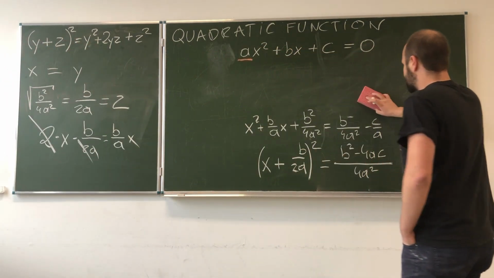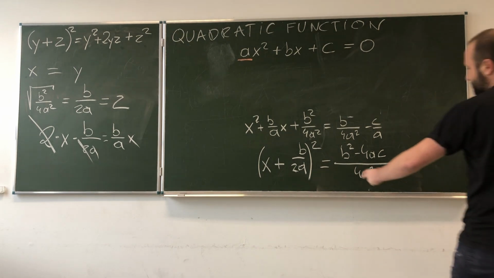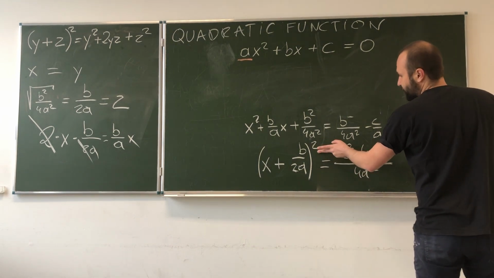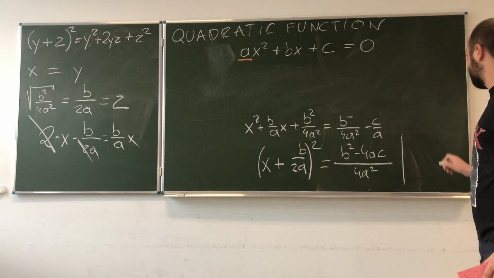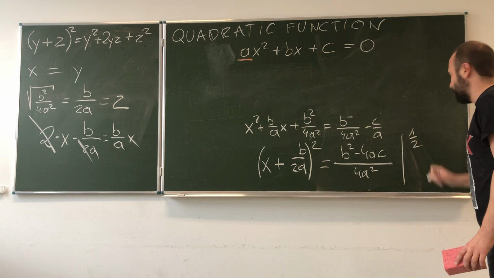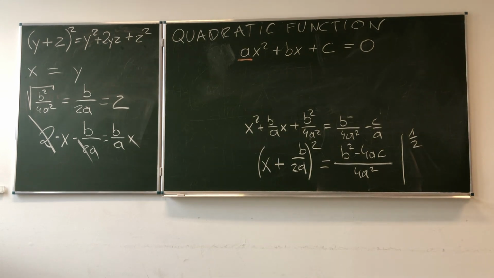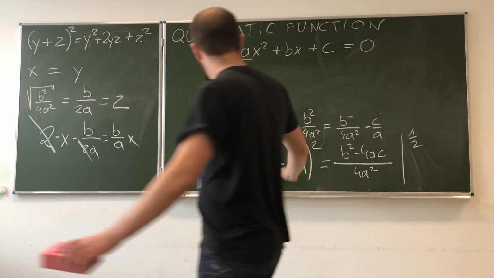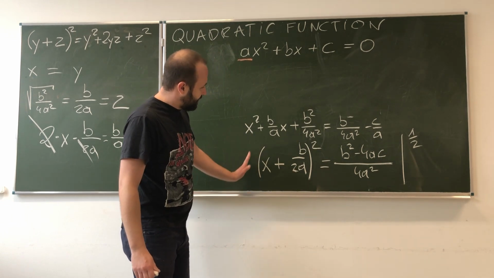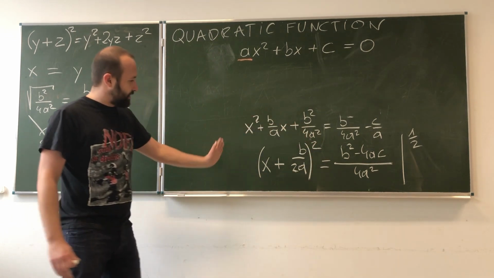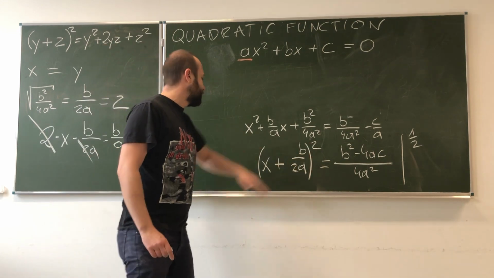Well, now this expression is squared. So if we want to solve it for x, probably we need to take both sides of this equation to the power of 1 over 2. Or simply, we just need to take square root out of both sides of this equation. Look, in case of this expression, it's really easy.